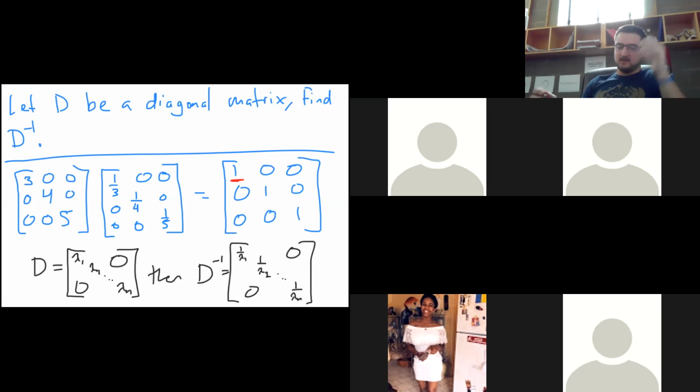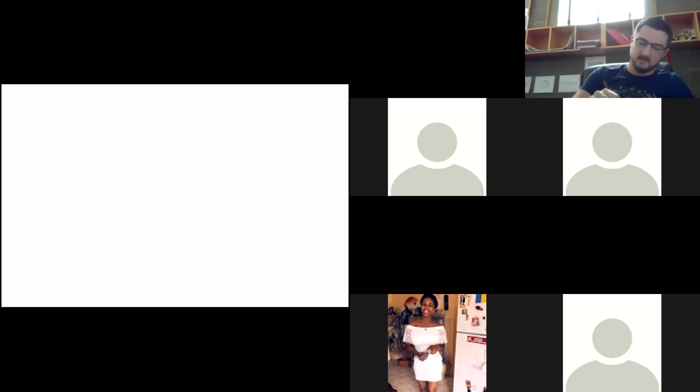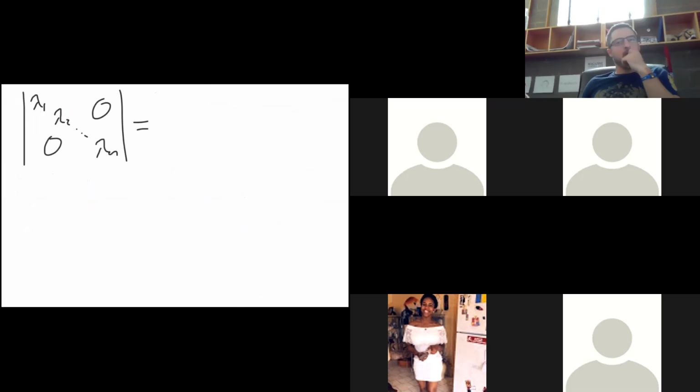But also think about it like this. What is the determinant of the diagonal matrix? The product of the numbers along the diagonal. That was one of the shortcuts that we found for calculating determinants, right?